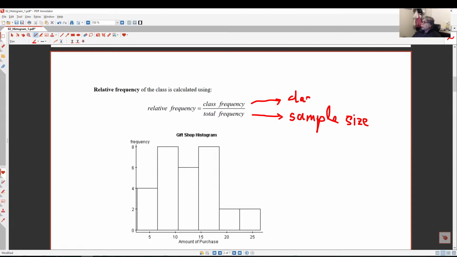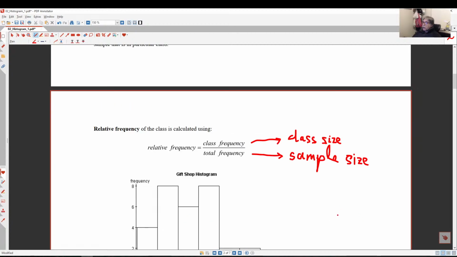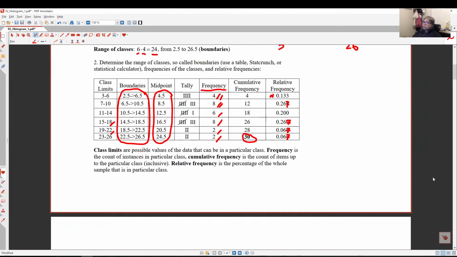This number, when you divide, is telling you what percentage of the sample is in the class. So for example, in the third class we have 6 items. We calculated the relative frequency by dividing 6 by 30, and we ended up with 20%. That means a total of 20% of the whole sample, 1/5 of the whole sample, is in the third class.